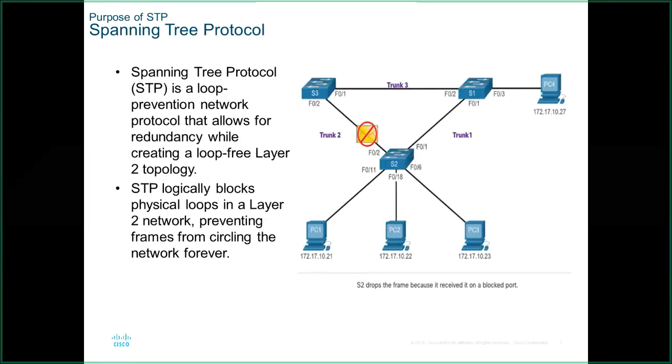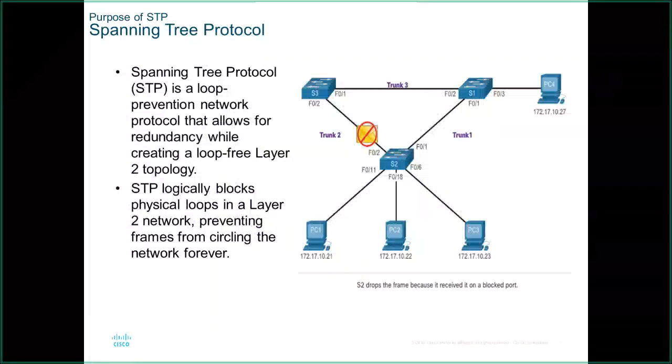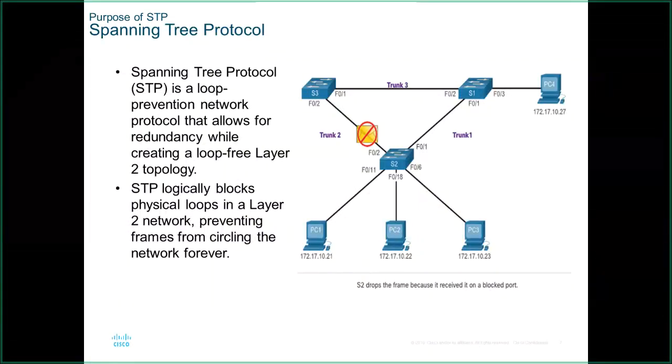So spanning tree is designed to knock out that loop, and this will allow us to have a redundant network but prevent frames from circling around in our topology forever when something goes wrong.